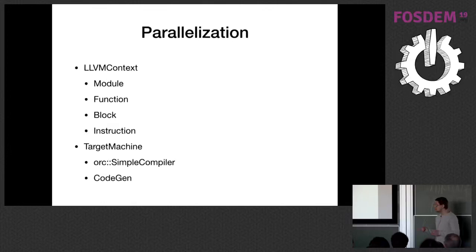It's the LLVM context, and therefore anything you do with modules, instructions, functions is also not thread safe because it's tightly coupled with the LLVM context. And the same goes for the target machine. So if you use ORC compiler, for example, or if you do any code generation, then it's not thread safe.